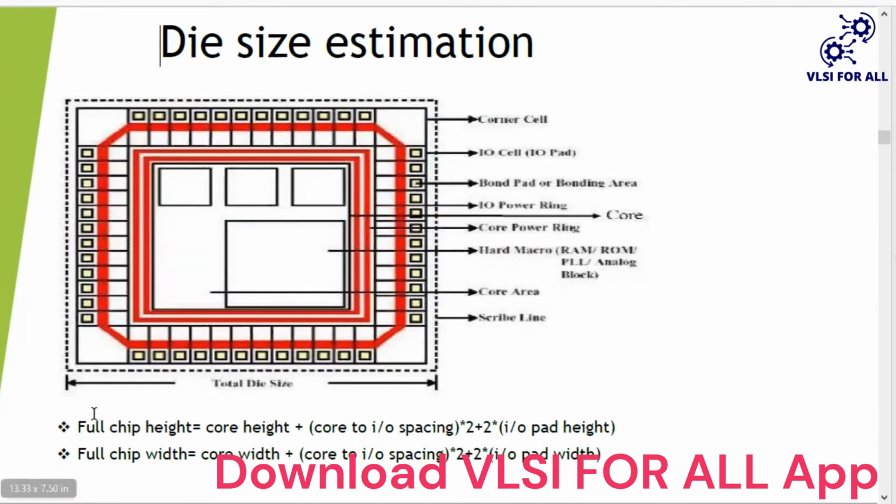Now see here how to define the full chip height. Your chip height, how to define it? Core height plus core to input-output spacing. Input pin or output pin spacing is there, right? That spacing into 2, plus 2 into the input and output pad height.